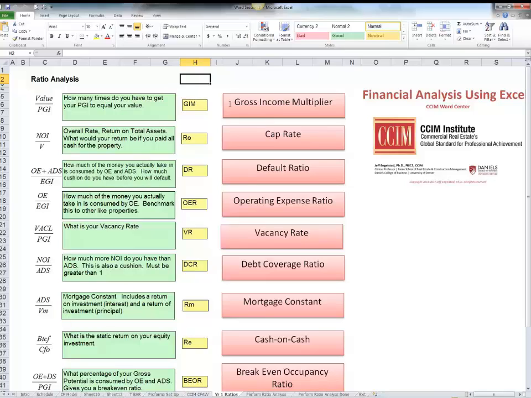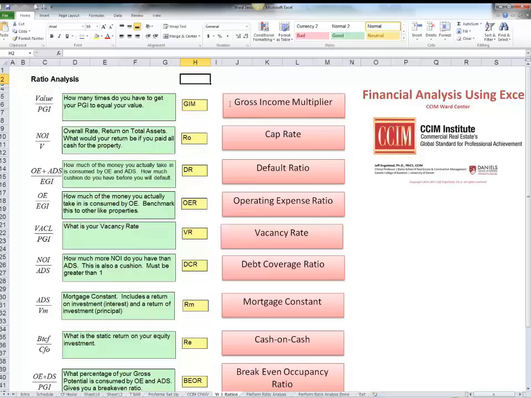I do a lot of teaching in Poland and in Russia. And I do some consulting and look at some things over there. Well, you know what? In Russia especially, it's really hard to get information. There's not a lot of public information that's reliable. And so as an appraiser, you're looking to find the net operating income on a property so you can apply a cap rate and estimate a value.